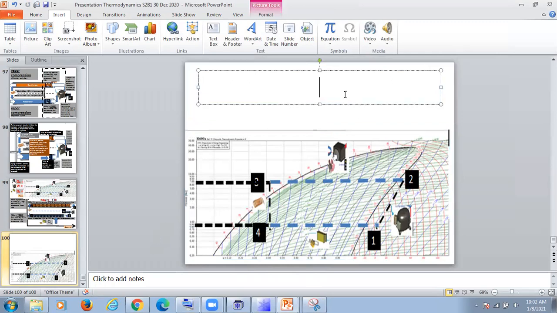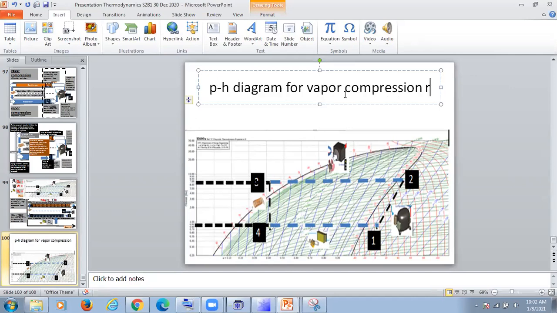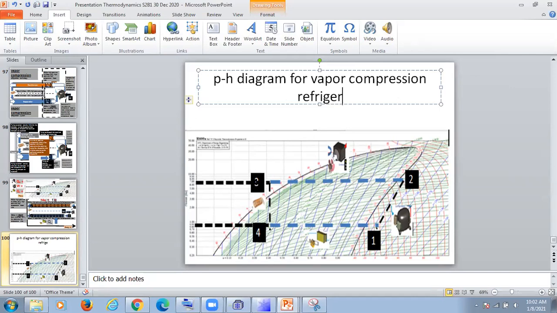So, pH diagram for cooling systems, so vapor compression refrigeration systems. So you know how this appears now.